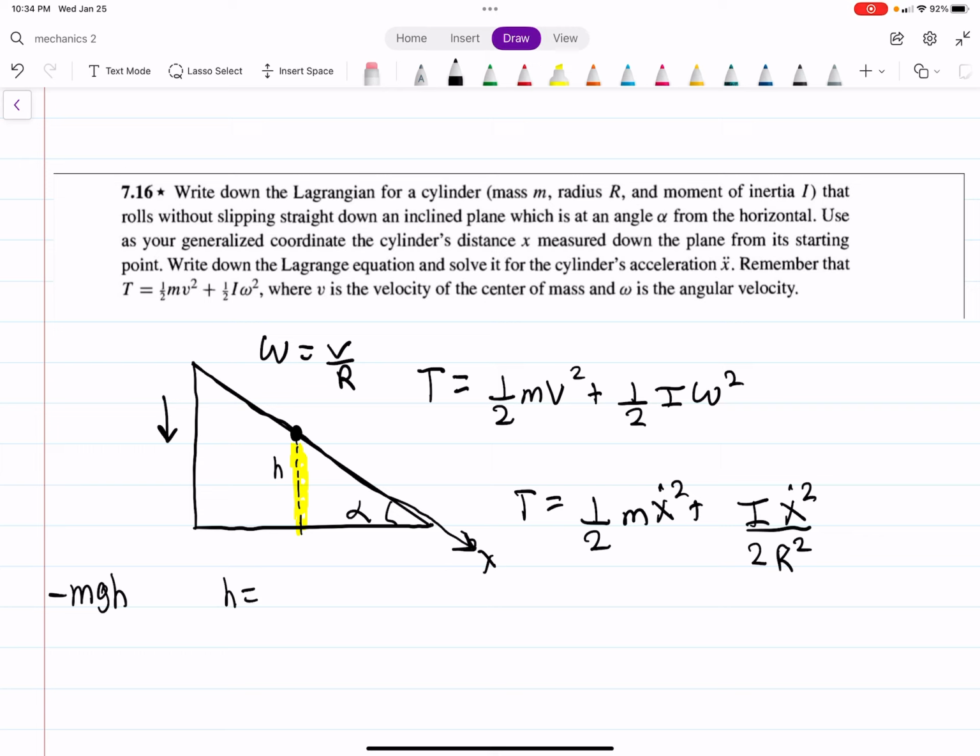And h is equal to what? Well, it's going to be whatever distance is traveled here, call it x, times sine of alpha. So then your potential energy is just going to be minus mgx times sine alpha.